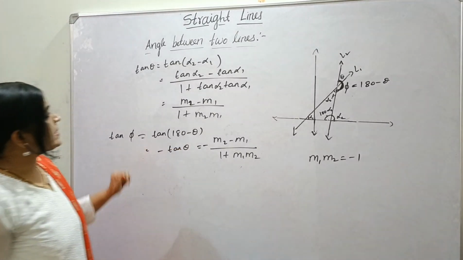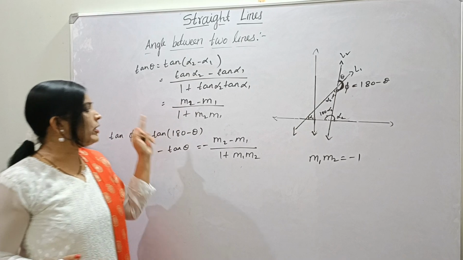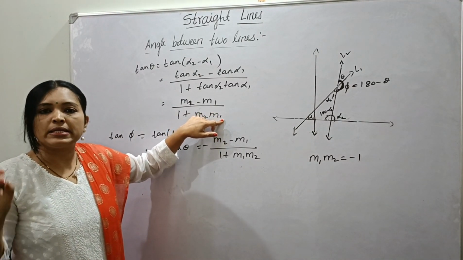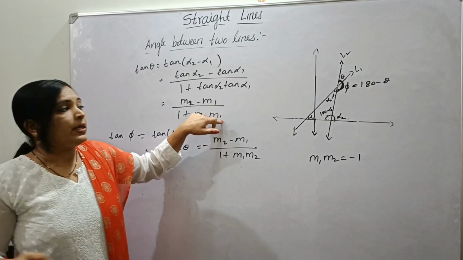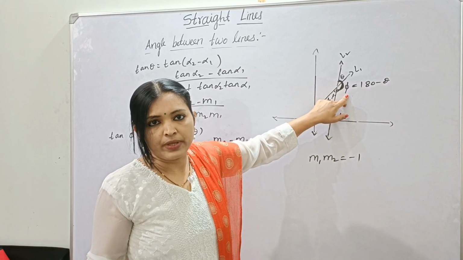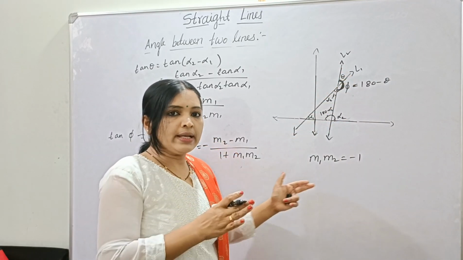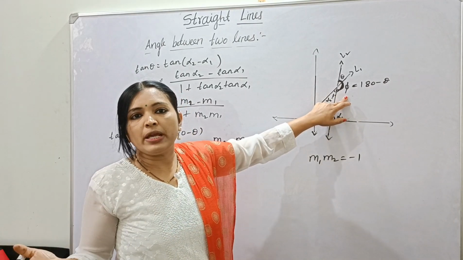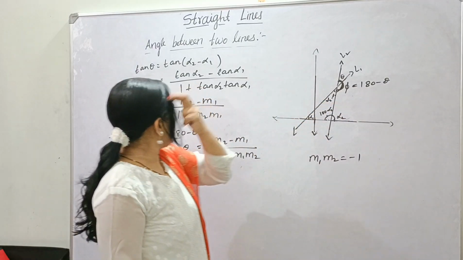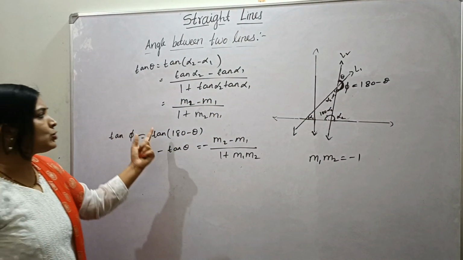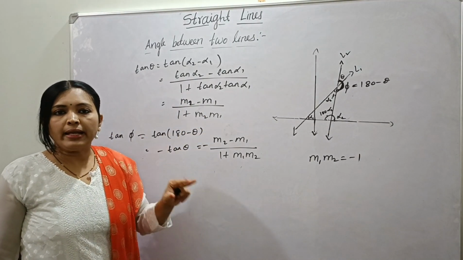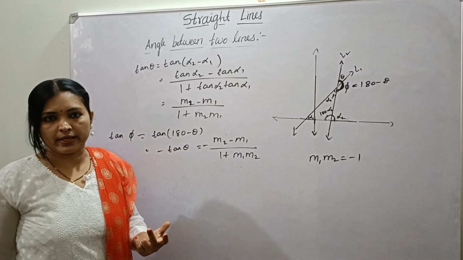So we can say, if m2 minus m1 divided by 1 plus m1 into m2 is positive, then theta will be an acute angle. If theta is an acute angle, phi will be an obtuse angle. If theta is less than 90, then phi will be greater than 90 because their sum is 180 degrees. And if m2 minus m1 divided by 1 plus m1 into m2 is negative, then theta will be an obtuse angle.